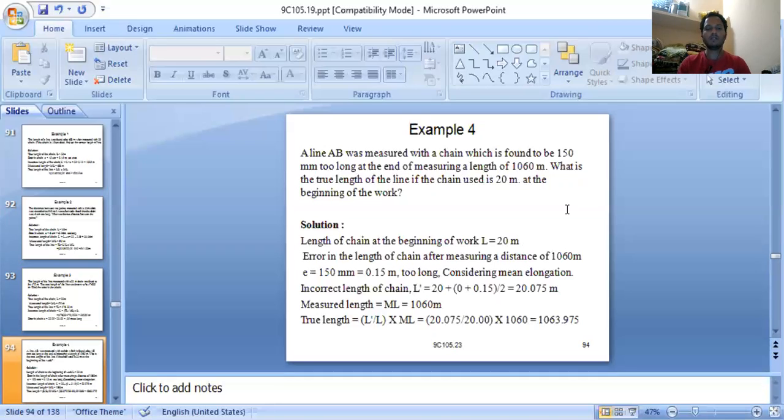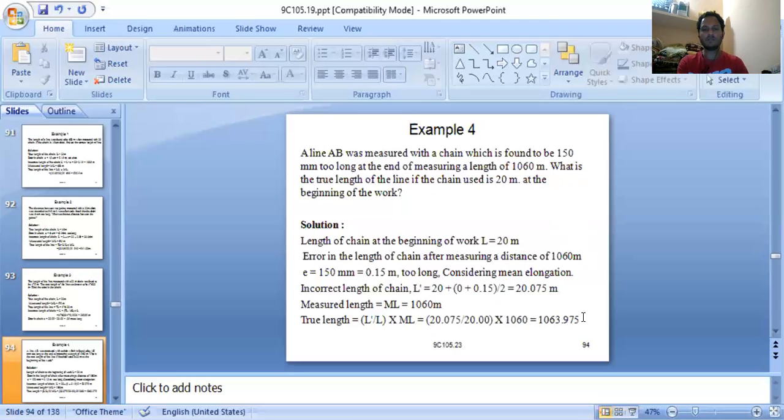And the remaining calculation is very similar to the previous problem, where true length is L dash by L into measured length. L dash is 20.075 divided by 20 into measured length. So we will get the correct answer, the true length of the line. The only difference we have to understand and identify here is the chain initially measures 20 meters.